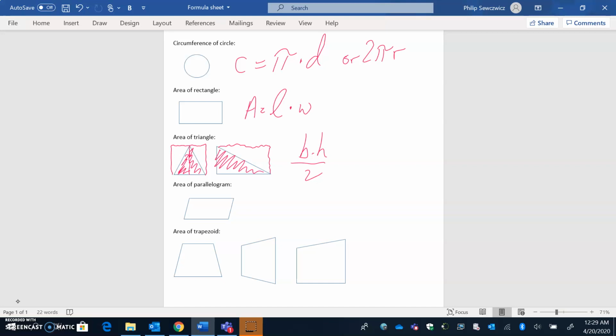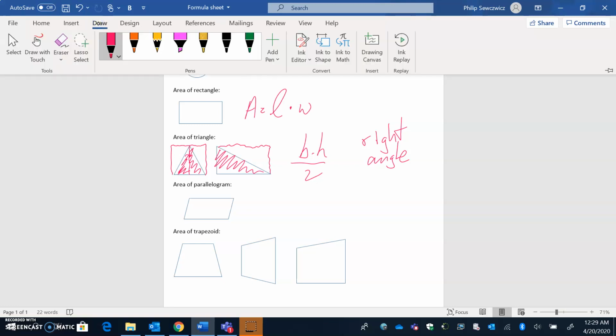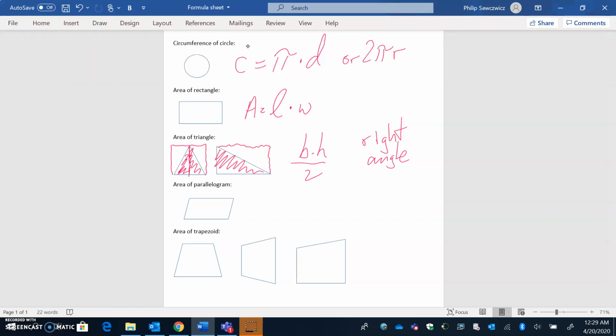So really what we're after here is the right angle. The right angle is where the base and the height meet. So if we go back to that first one we see there, this would be your height, and that would be your base.